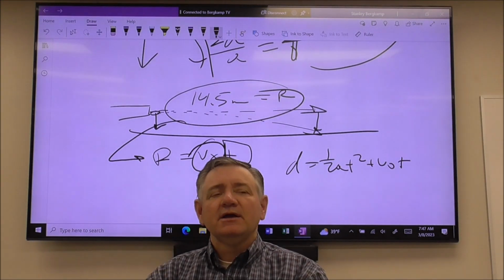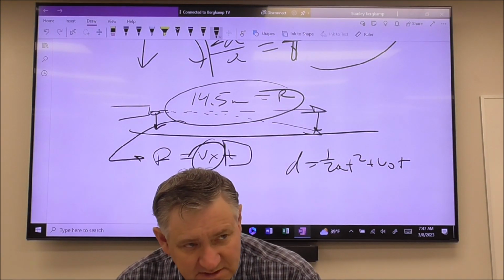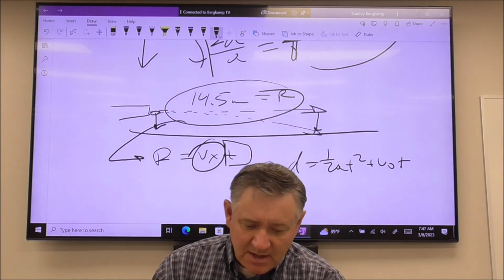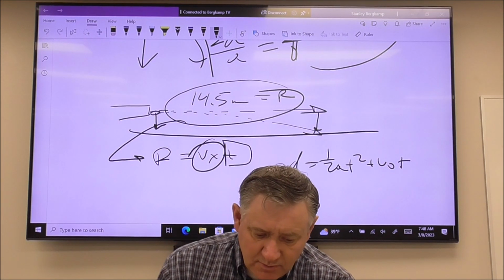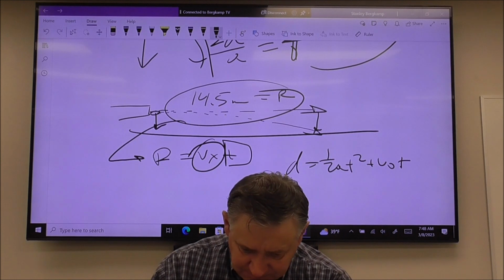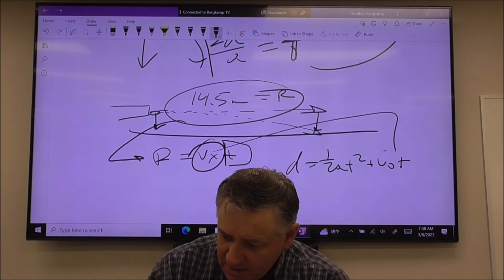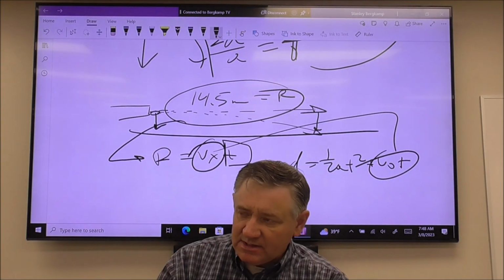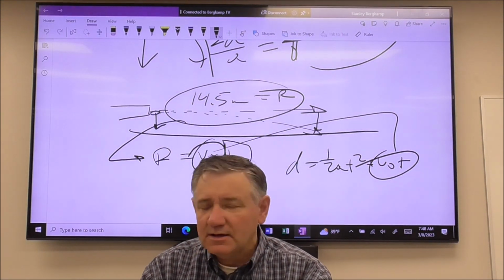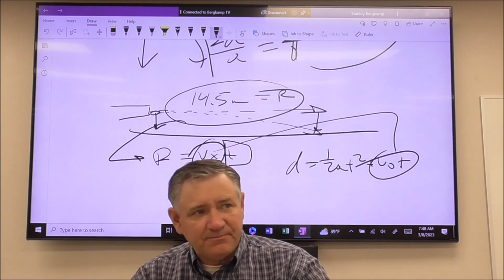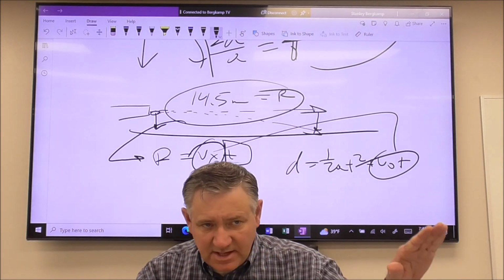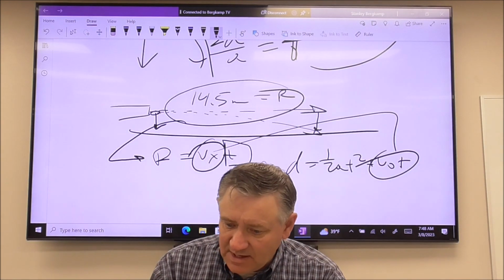Now, here's where I see this go south most often: you get that Vx, that 56.3 meters per second, and you try and put it in there as the initial velocity. Okay? No, this is your mantra. What happens in the x stays in the x. What happens in the y stays in the y.